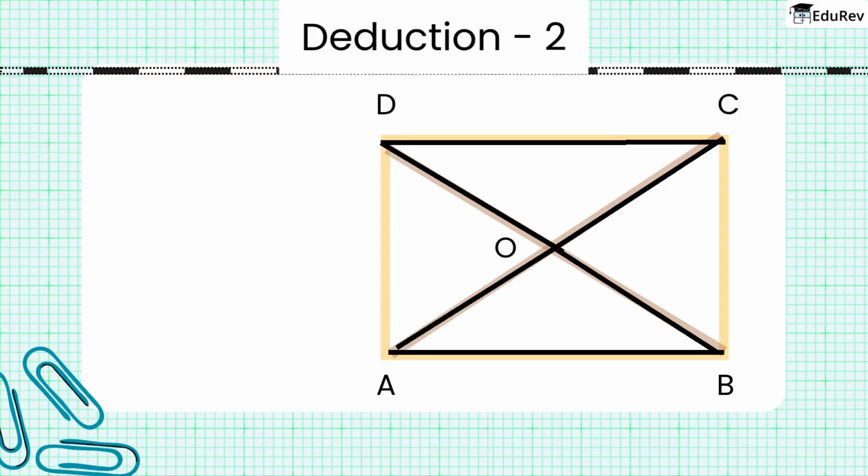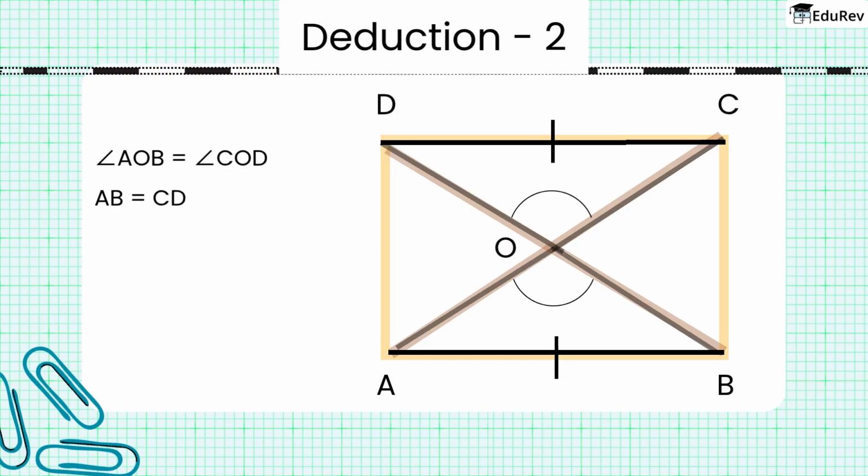Let's look at the two small triangles at the center, triangle AOB and triangle COD. Angle AOB is equal to angle COD because they are vertically opposite angles. AB is equal to CD because they are opposite sides of the rectangle. Now for the tricky part, the angles.